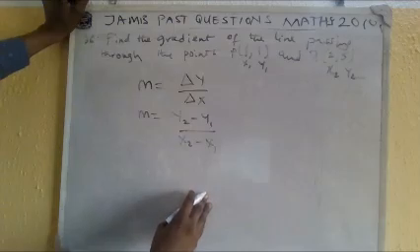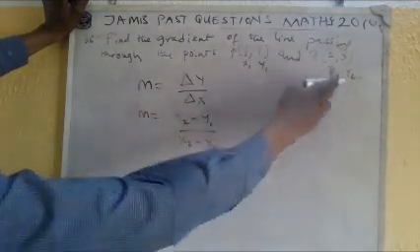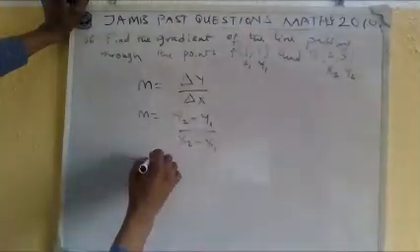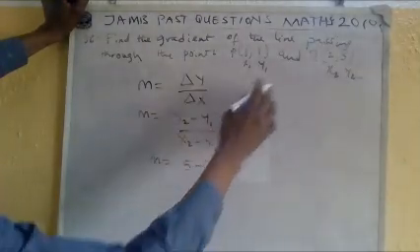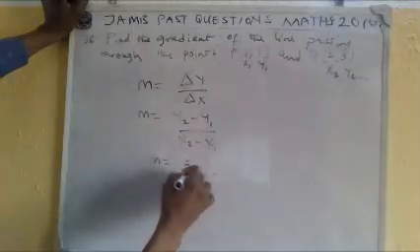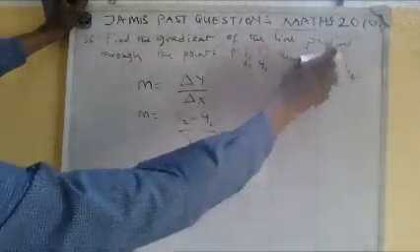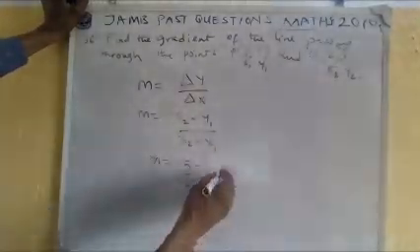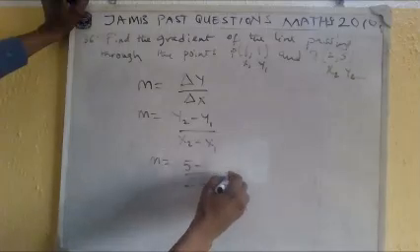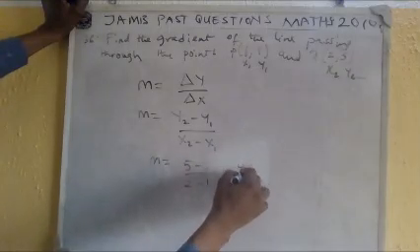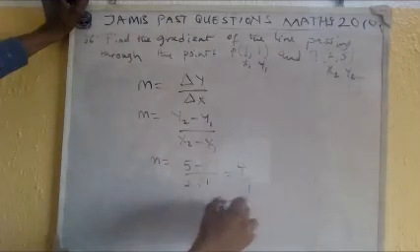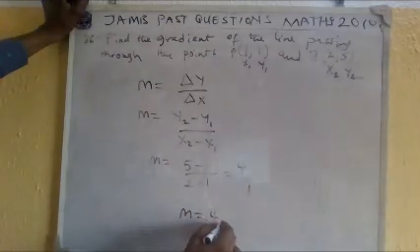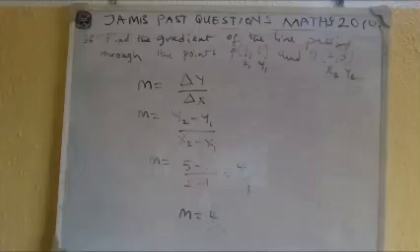So what is X2? What is Y2? Y2 is 5, minus Y1 which is 1. Then X2 is 2, see where my hand is pointing, 2. And X1 is 1. So 5 minus 1 is 4, 2 minus 1 is 1. So gradient is equal to 4. That's the answer. Okay.